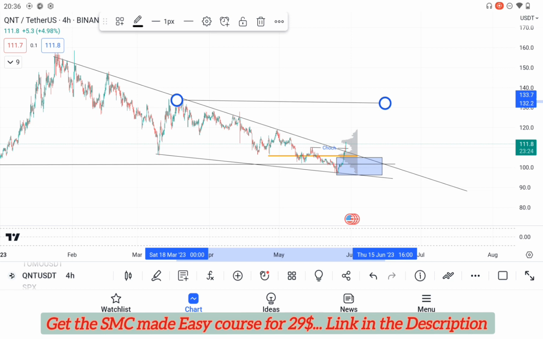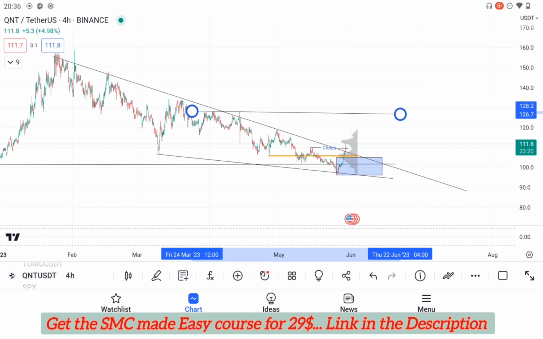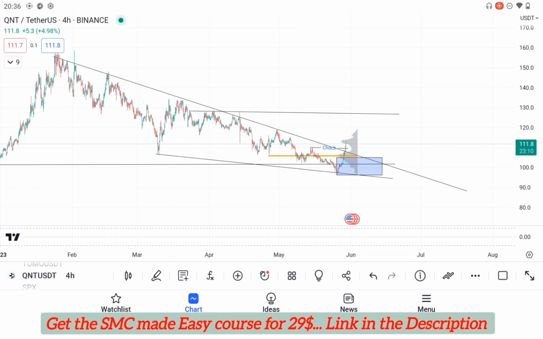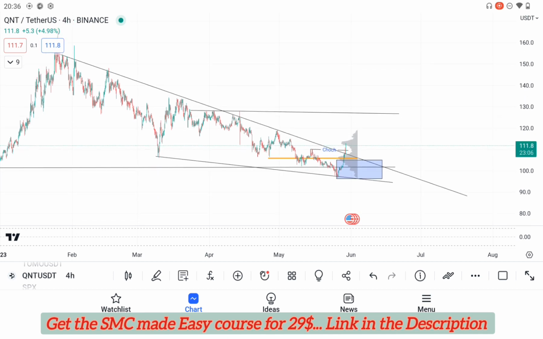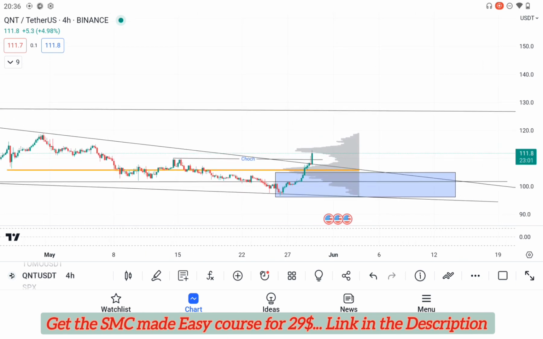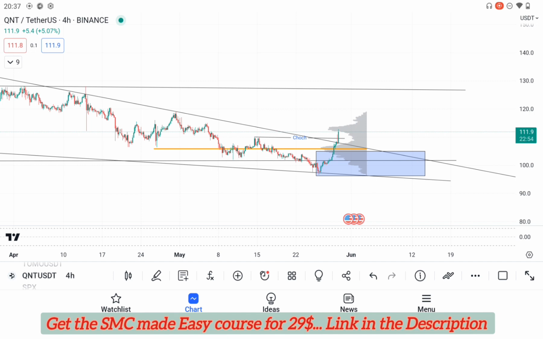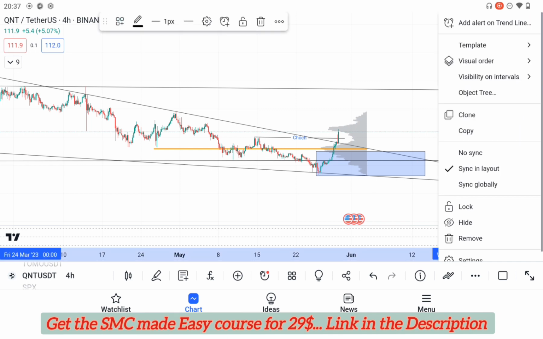Or let's not be so greedy. Let's make this TP1, because this should be like the previous high that caused the breakout structure to the downside, somewhere around here, 128. If you are leveraging with about 20x, this should give you some decent amount of profit, because this is happening right now. If you are privileged to watch this video, then you should be going into this trade right now.